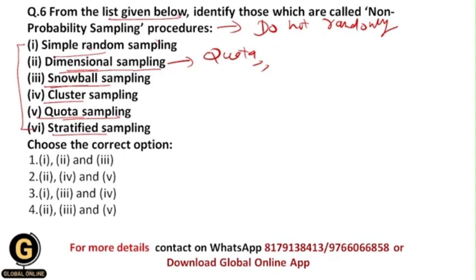The researcher thinks about many characteristics such as gender, age, etc., and each participant should have those defined characteristics. It is called dimensional sampling because the characteristics are many but the participant is one. That's why it is the extension of quota sampling.